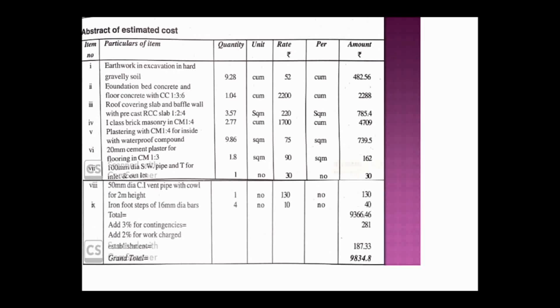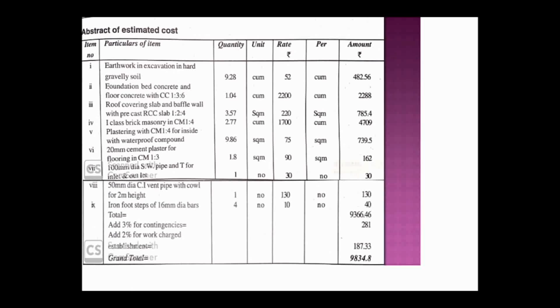If it is cubic meter, then we have to provide the rate for cubic meter, and if it is square meter, then square meter. Then amount, finally the total amount. If you multiply quantity and rate, we get the amount. Here 9.28 into 52, we get the amount as 482.56.